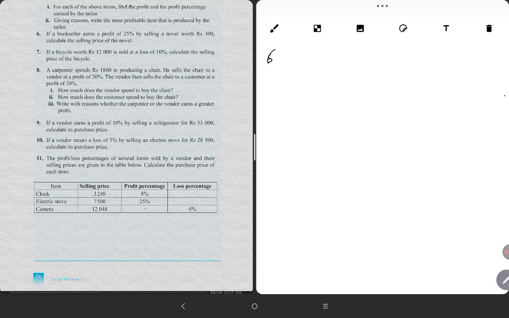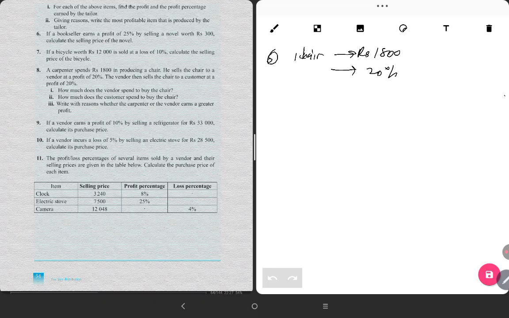So one chair, he is spending 1800 rupees. He sells the chair to a vendor at a profit of 20%. So he's making 20% profit in selling this chair.